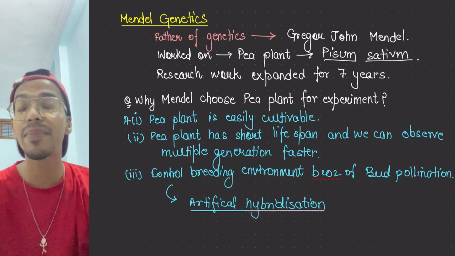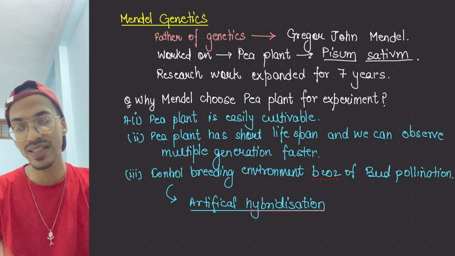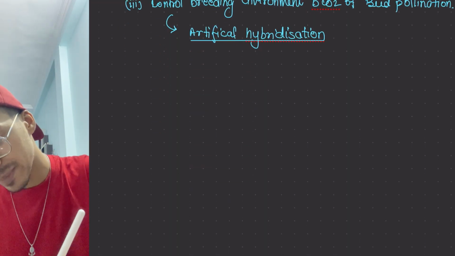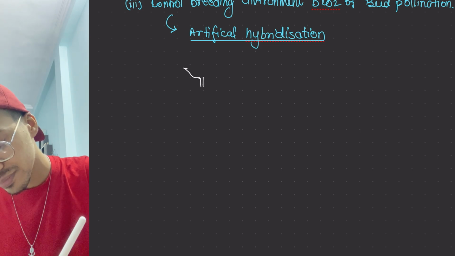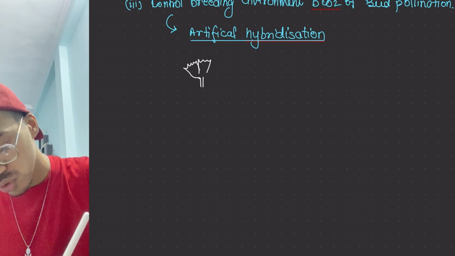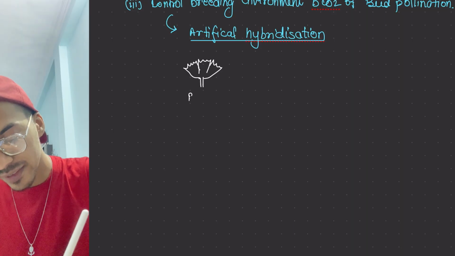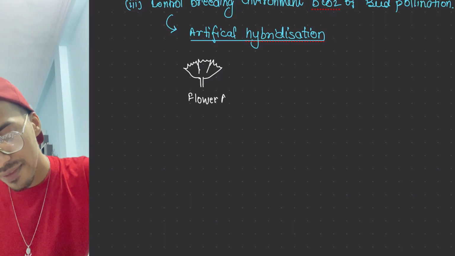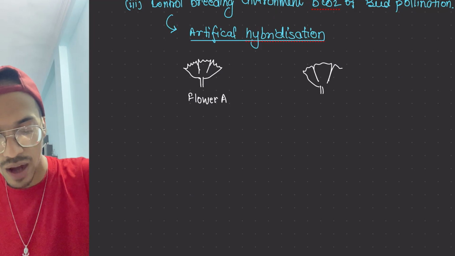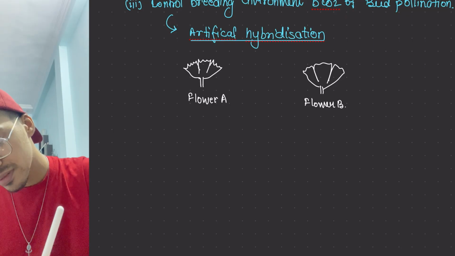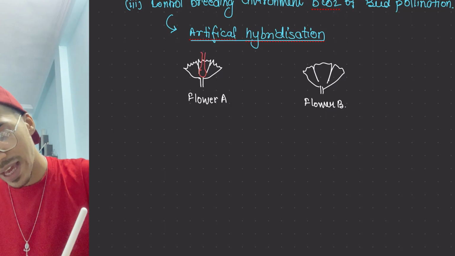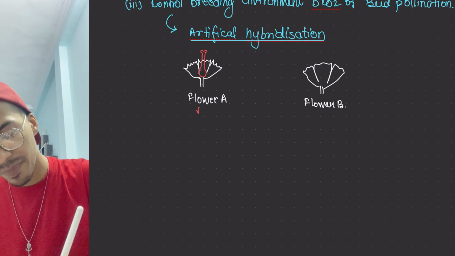So what have we learned about artificial hybridization? We took two different plants or two different plant flowers. If this is one flower, flower A, and we have another flower, our flower B. This is the female part of the flower, so we took the gynoecium part.